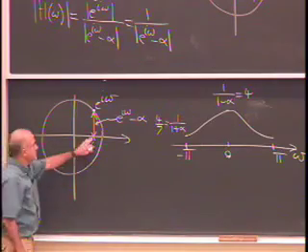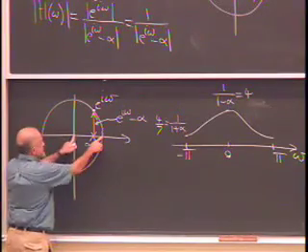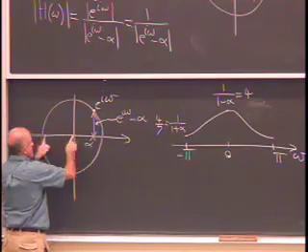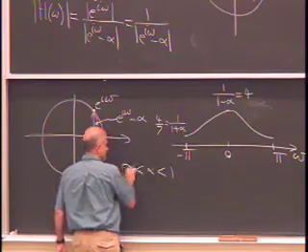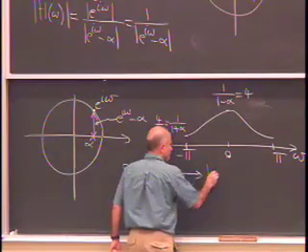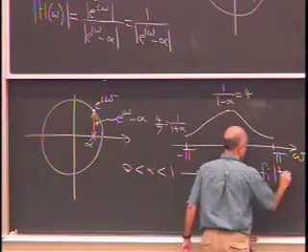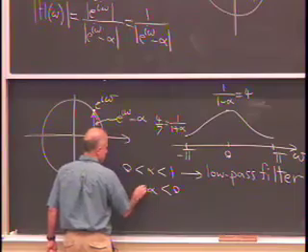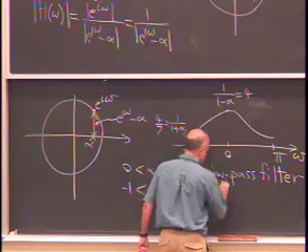So as long as I insist that alpha is a real valued parameter, and that it's positive between 0 and 1, I get a low-pass filter. If it's negative, so let's put this down. Alpha between 0 and 1, we get a low-pass filter. Alpha between 0 and -1, you get a high-pass filter.